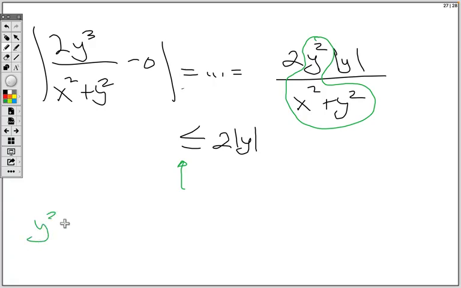Because if I look at y squared over x squared plus y squared, I've got a y squared and a y squared. And if I think of this fraction, the numerator is always what compared to the denominator?